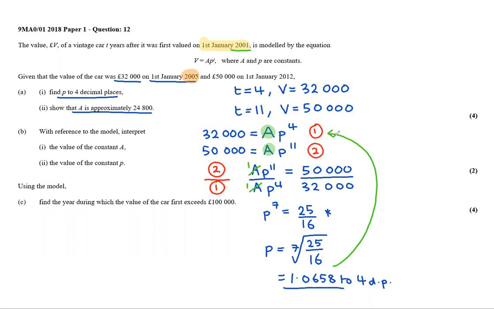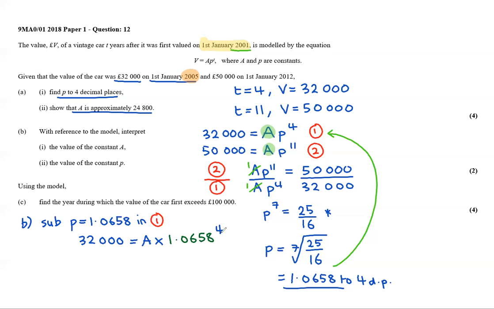So for part B, we're going to sub P equals 1.0658 into equation 1. If we do that, we're going to get 32,000 is equal to A multiplied by 1.0658, raised to the power of 4.